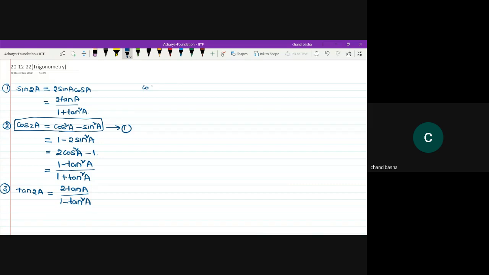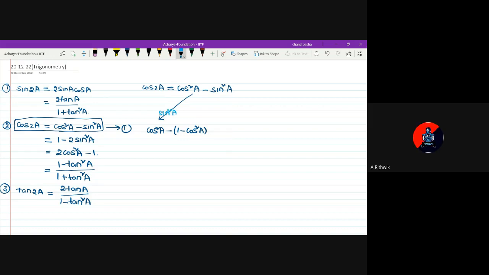Cos 2A, I can write it as cos square A minus sine square A. This is the first part, you already know that. Now, cos square A we can keep as it is, minus sine square A. Can I write this as 1 minus cos square A? Because sine square plus cos square is equal to how much?